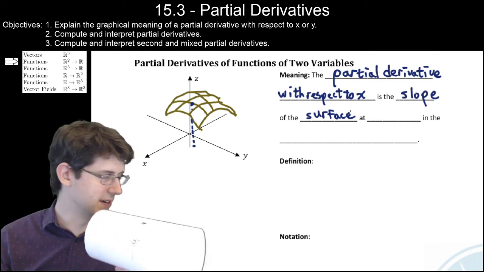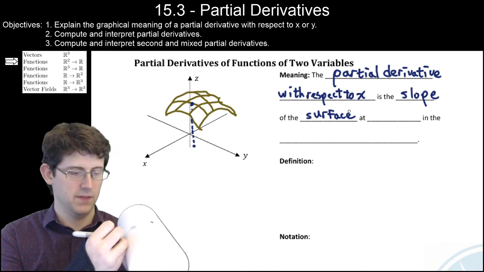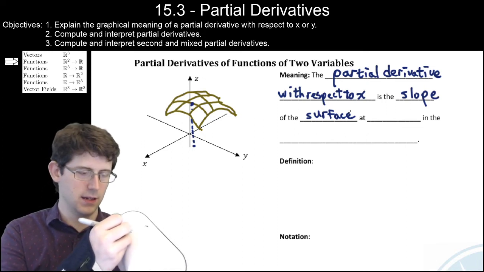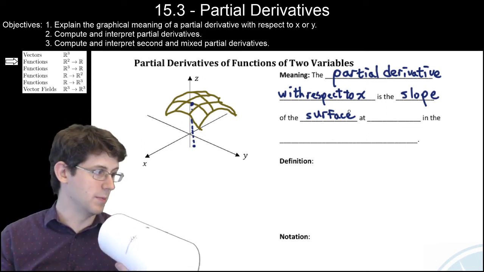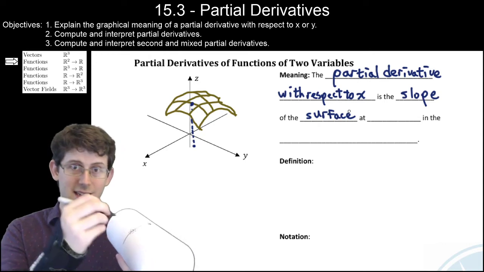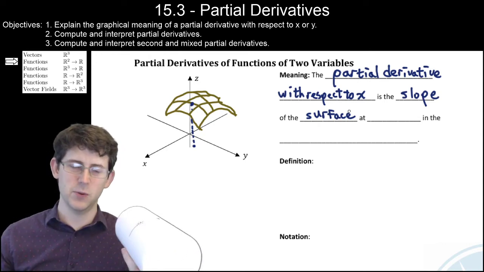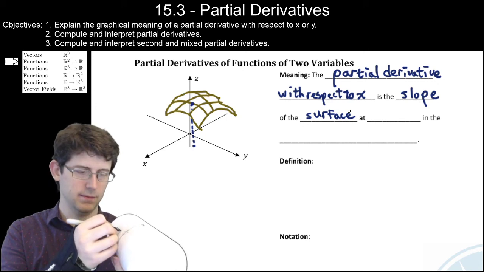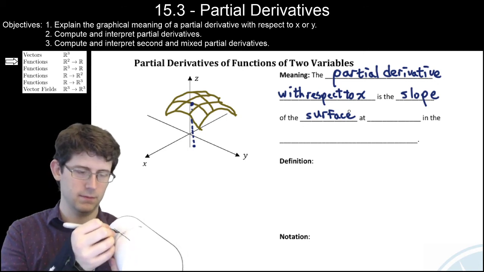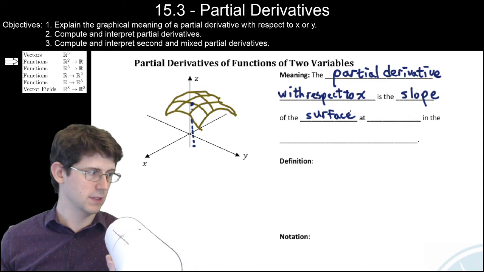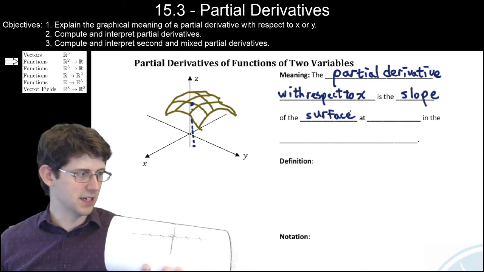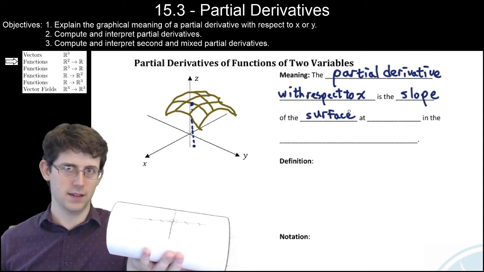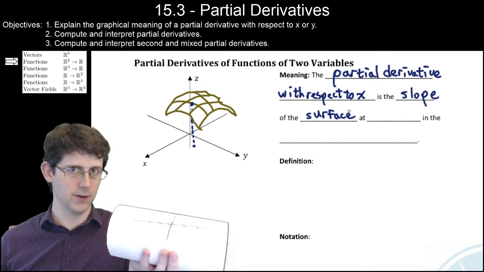But the problem is, if you go this way through the point, then you're walking uphill, and so we should say that the slope is positive. But if you walk a different direction, if you walk that direction along the surface, the slope is 0.